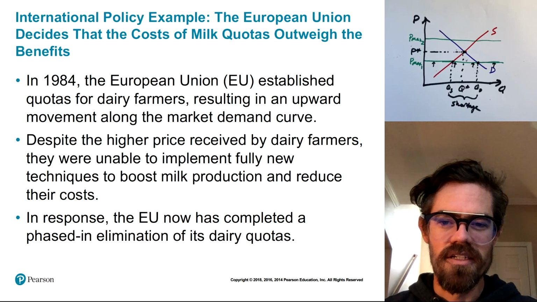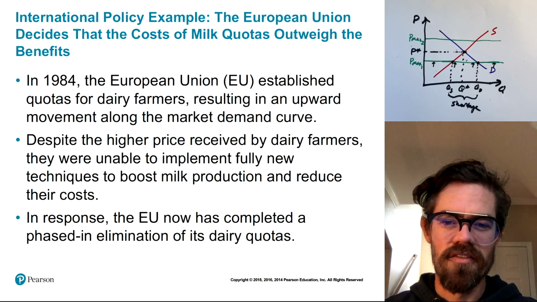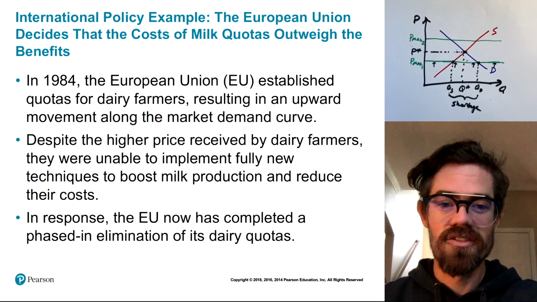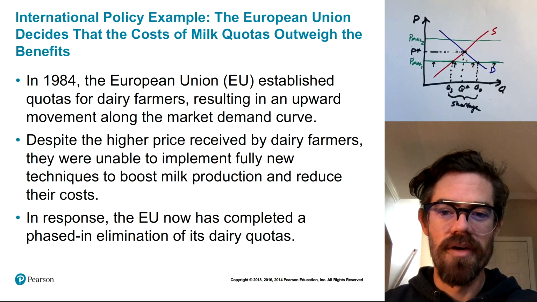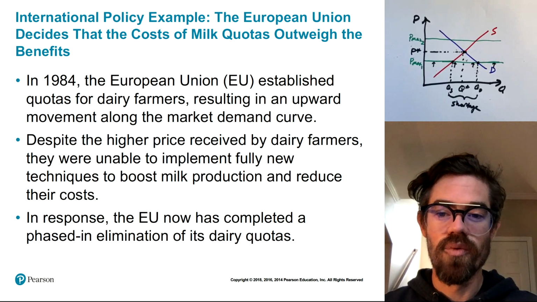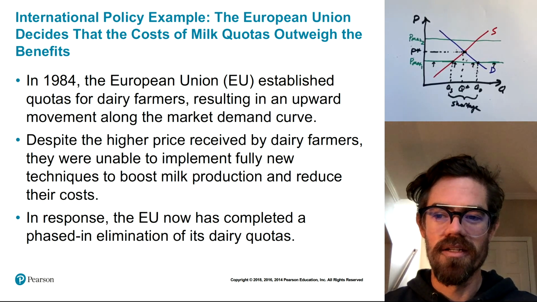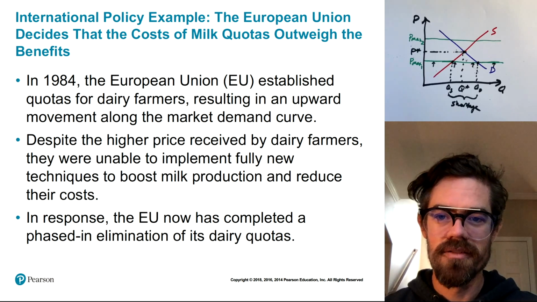And in response, the EU has now completed a phased-in elimination of its dairy quotas. So they saw that the negative effects were not worth the benefits of the quota. Okay, so they ended up eliminating this quota policy.